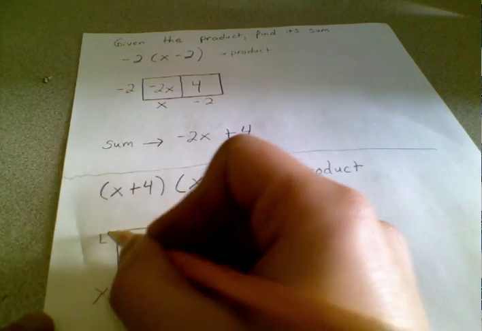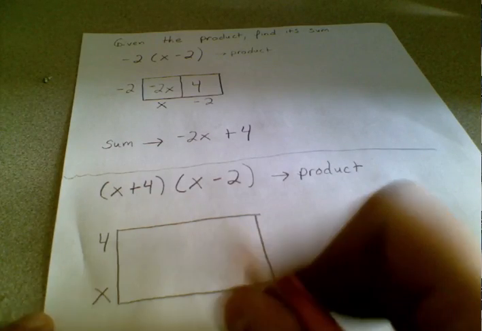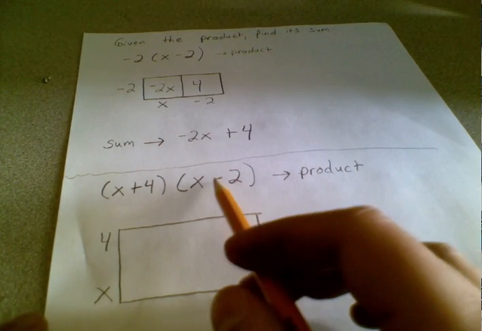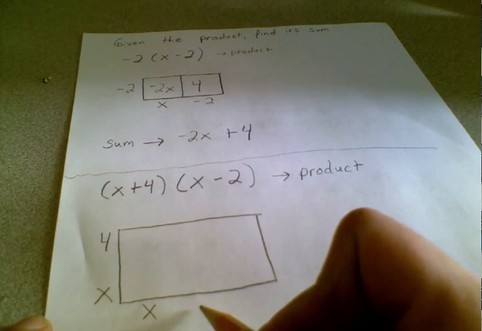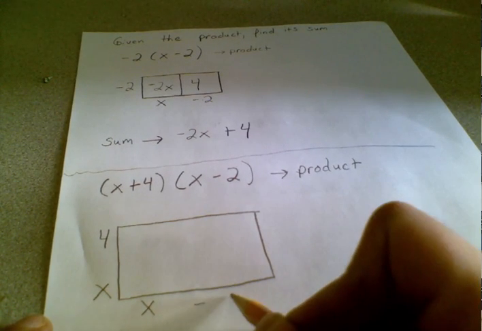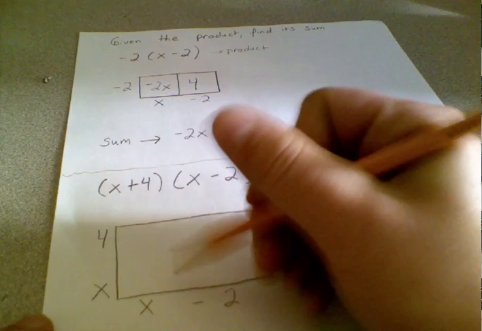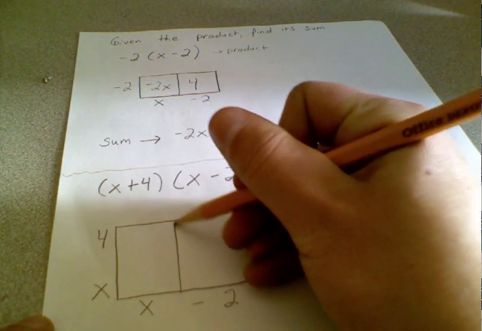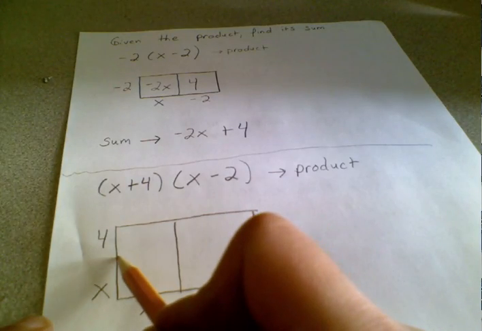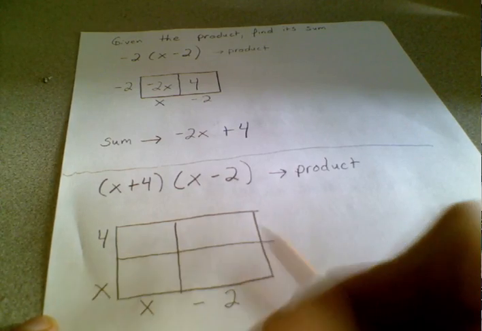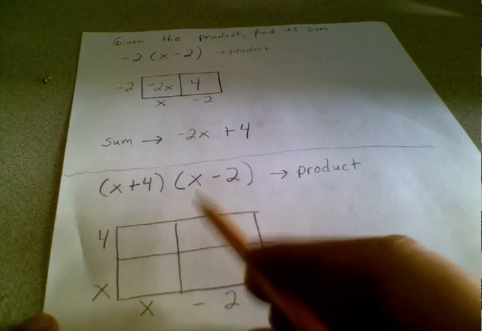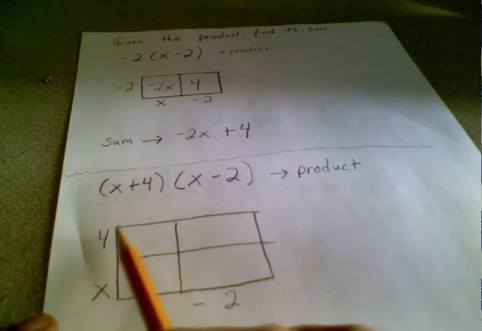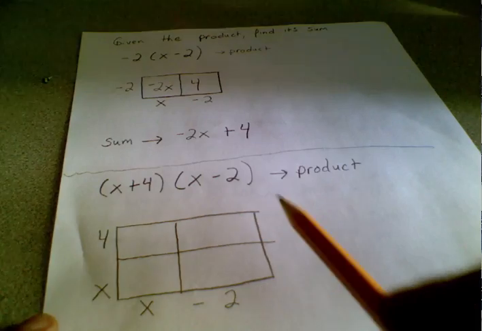And then the terms in the parentheses that come next, the x minus 2, I like to put on the base of my rectangle. You certainly don't have to. Okay, now I'm going to separate each term with a line. So I separated the x and the minus 2 with a line, and I separated the x and the 4 with a line there, okay?